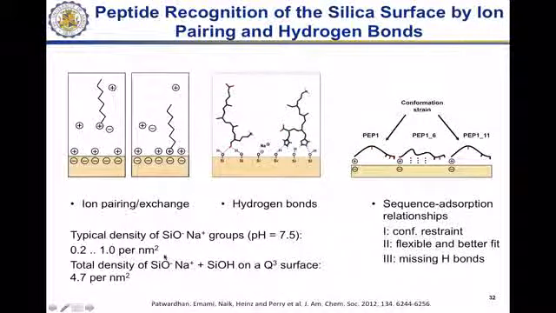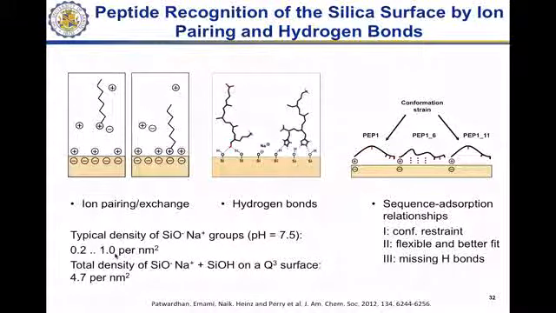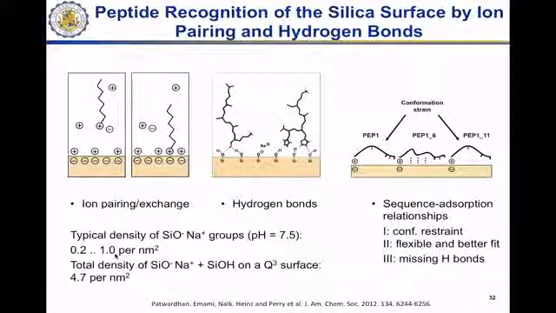Now, what does matter a lot is this density of siloxide groups. Depending on even the type of silica, at pH 7, this can be between 0.2 and 1 ionic groups per square nanometer, which is a factor of 5, and this is a huge game changer when it comes to selective adsorption of surfactants or biomolecules or polymers.